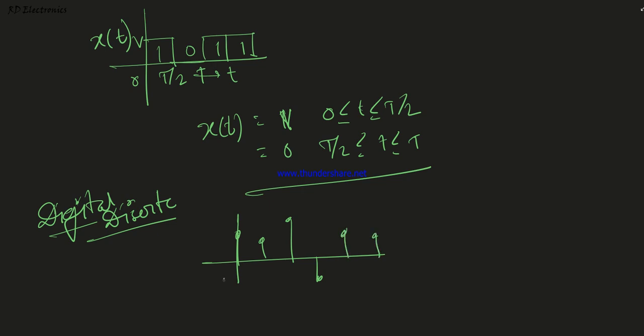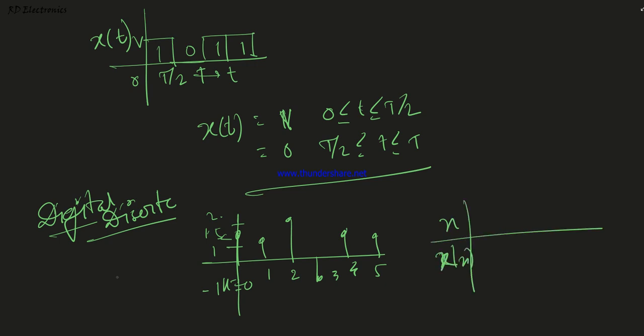These are the samples n equal to 0 1 2 3 4 5, and say this is amplitude 1, this is 1.5, this is 2, this is also taken as minus 1. So we represent it in tabular form. This is x(n) and this is n, where n represents 0 1 2 3 4 5.